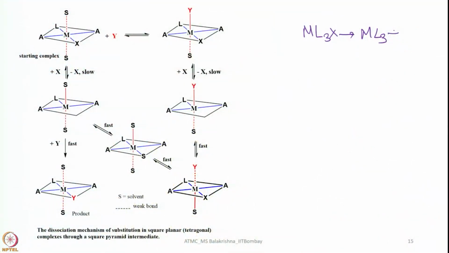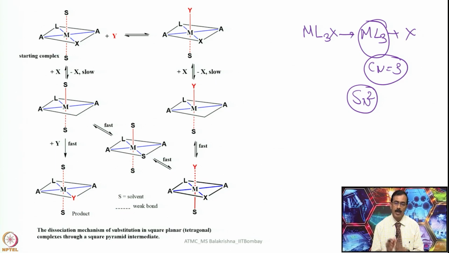For example, if we are considering a square planar complex, say ML3X, if X leaves then we end up with ML3 plus X. In that case we will be having an intermediate having coordination number 3, and this is less likely, and we know that substitution reactions in square planar complexes are SN2 type, bimolecular nucleophilic substitution. As a result, how to bring in the dissociative pathway in a manner that it should look like a bimolecular process.